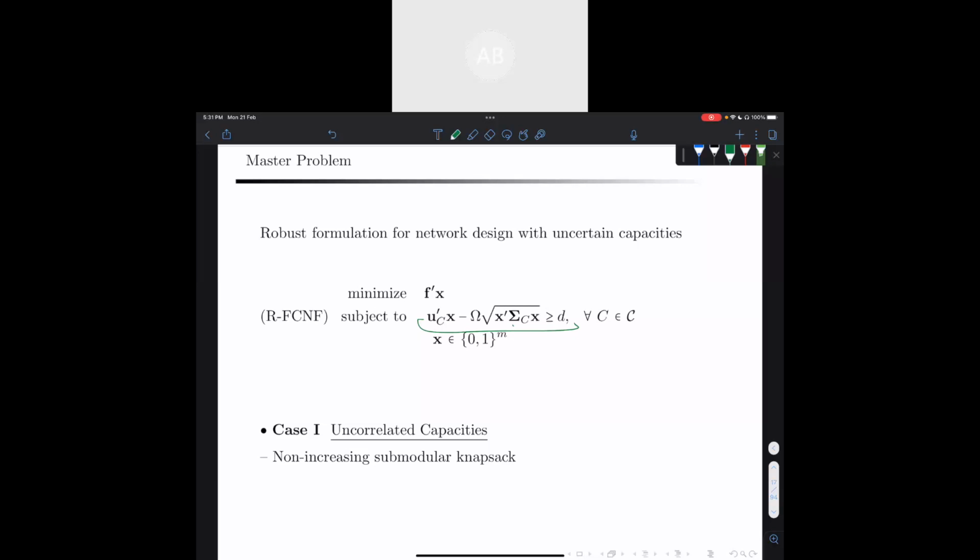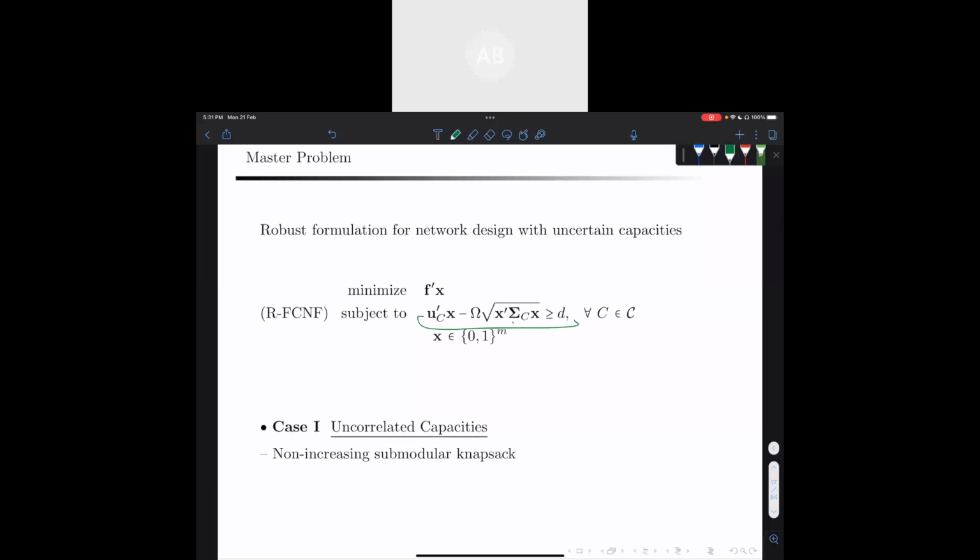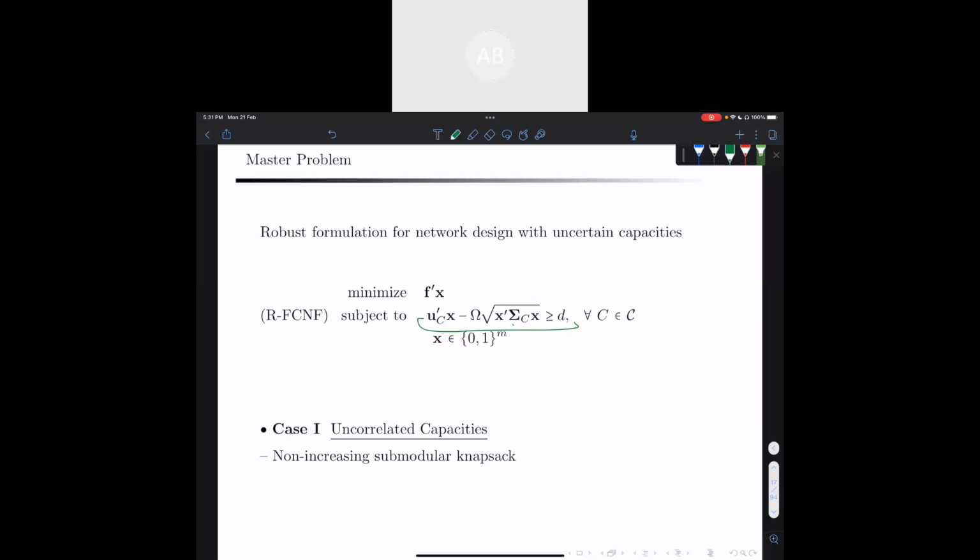of independent capacities, right? And as it turns out, this particular set, which we have spent so much time, at least half an hour now, trying to motivate, is actually a non-increasing submodular knapsack. I'll get to definitions of what submodular knapsacks are, but there is something very interesting about this set, both geometrically and combinatorially.